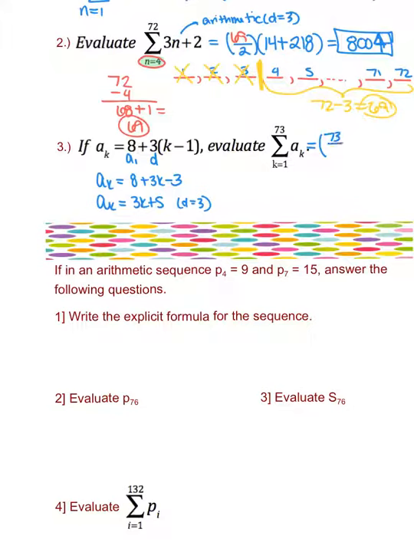It's 73 over 2 times the first term, which ends up being 8, plus my last term, which, when I plug in 73, I get 224. Good, and then when I multiply this out, I get 8,468.